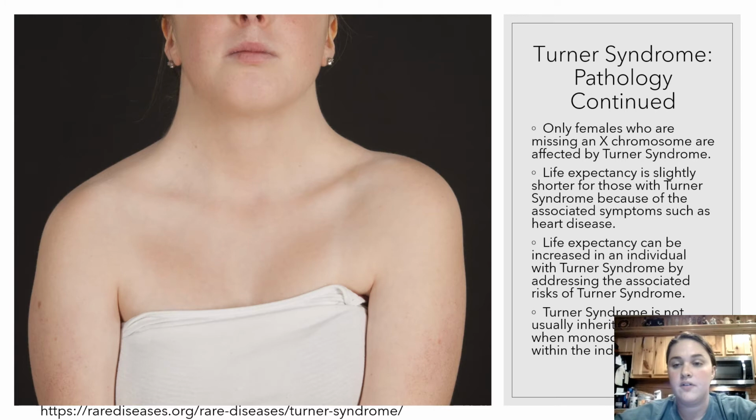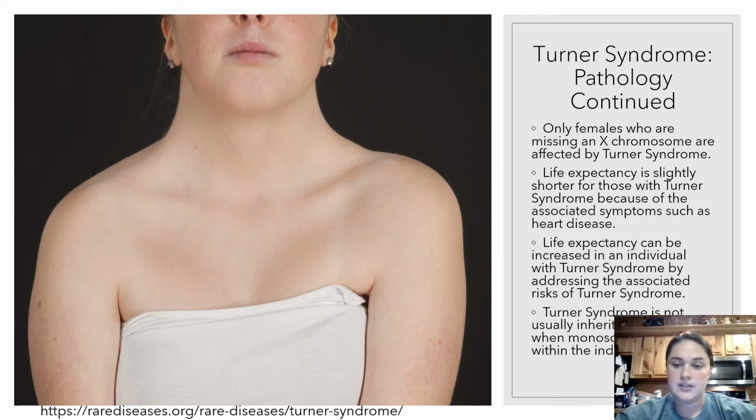The pathology continues by discussing how females are the only ones that can get Turner syndrome through the loss of an X chromosome during non-disjunction. The life expectancy is pretty normal, but is slightly short-lived for those with Turner syndrome because of the associated symptoms such as heart disease.